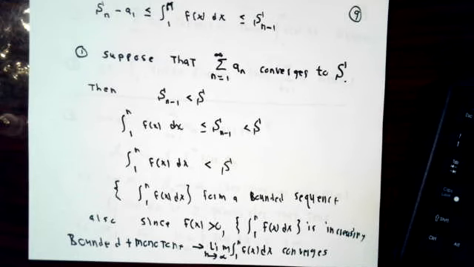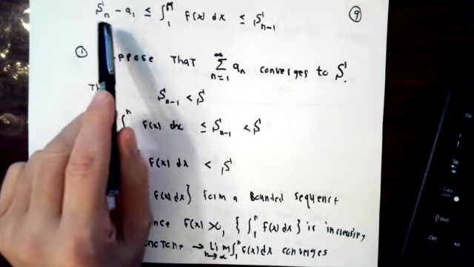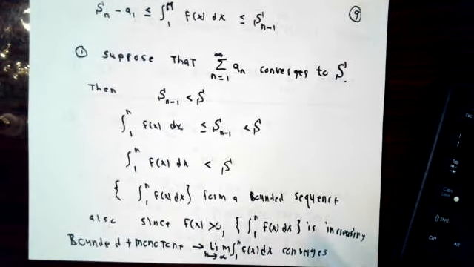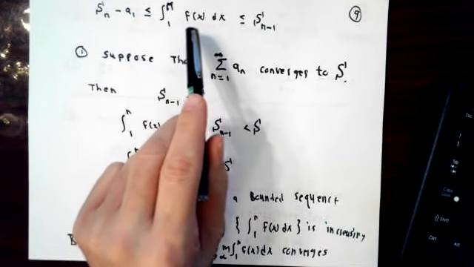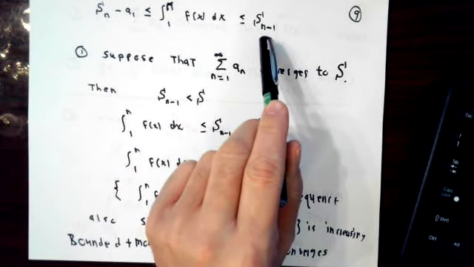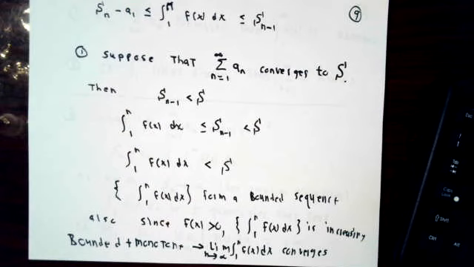So returning to what we said, we figured out that the partial sum minus a1, partial sum of the A series, is no bigger than the integral from 1 to n of f of x dx, and that can't be any bigger than partial sum number n minus 1 of the A series.